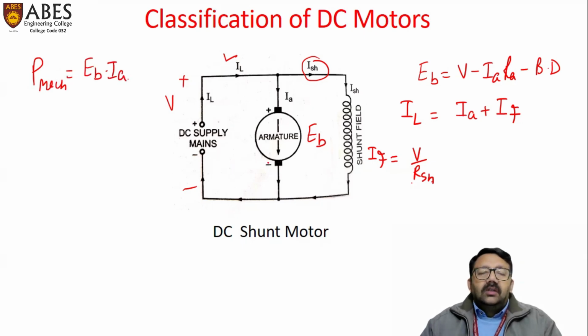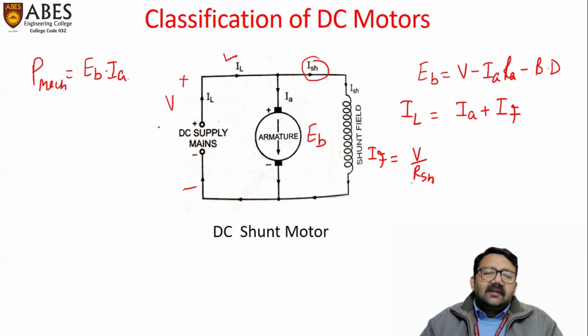So in order to increase the output of a shunt motor, we keep the field current as small as possible. And to reduce the field current, the shunt field winding is manufactured with a wire of very fine cross-sectional area and large number of turns.